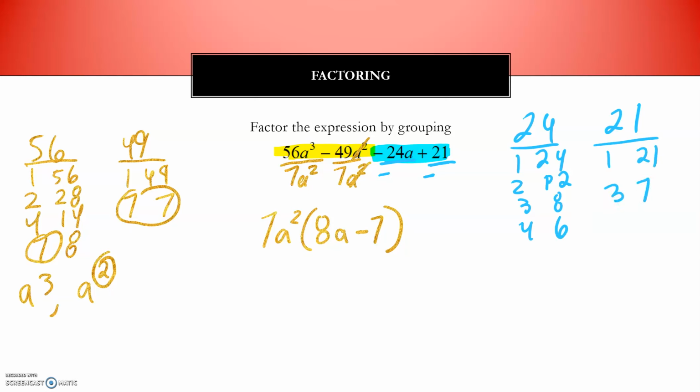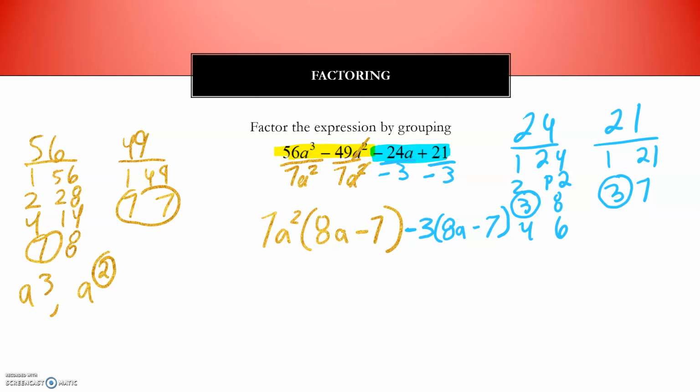So then from there, I see the greatest common factor here is 3. So I'm going to divide those by negative 3. 21 doesn't have an a with it, so I can't take an a out where it isn't, so I don't divide by a. Drop in my GCF of negative 3, and then from there I'm going to divide. 24 divided by 3 is 8a, and then minus 7.